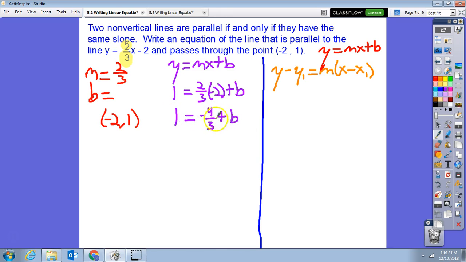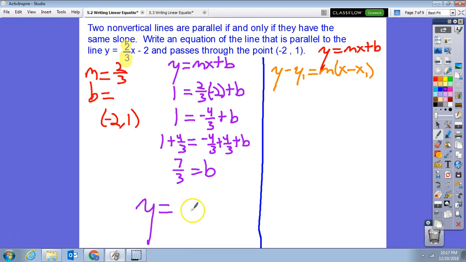Then you have to take negative 4/3 and move it over to the other side by adding 4/3 to this side and adding 4/3 to this side. So you take 4/3 and 1 and add them together. Again, you can use your calculator, but that ends up giving you 7/3. That means my equation would be y equals 2/3 x plus 7/3.